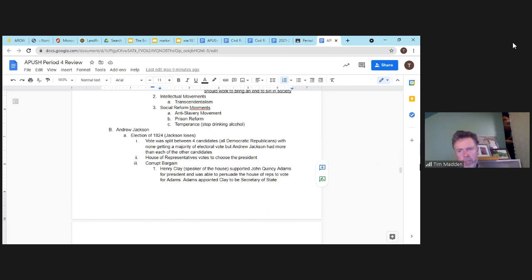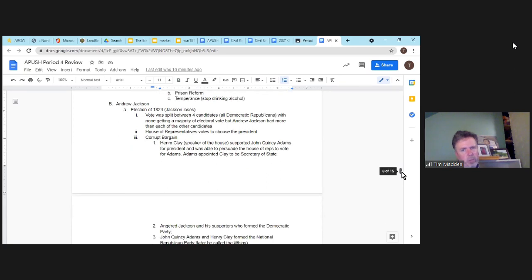Keep in mind, Secretary of State was the stepping stone to the presidency at that time. Every president, except for John Adams and Washington, had been a Secretary of State before they became president. Okay, so it looked like John Quincy Adams was setting up Clay to be his successor.